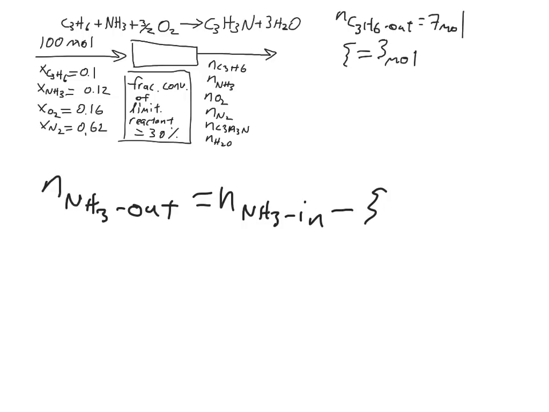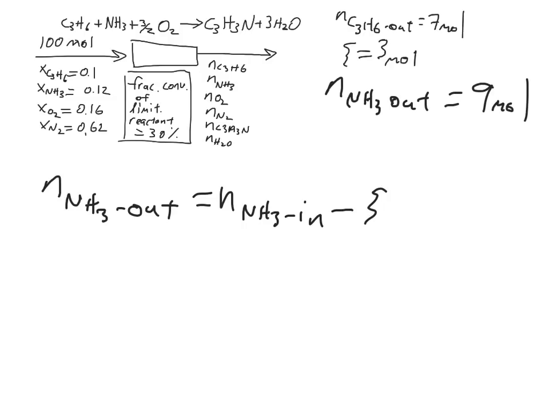In is 12 moles, which is 100 times 0.12. And we know what the extent is. So 12 minus 3 tells us that the amount of moles of NH3 out is equal to 9 moles.